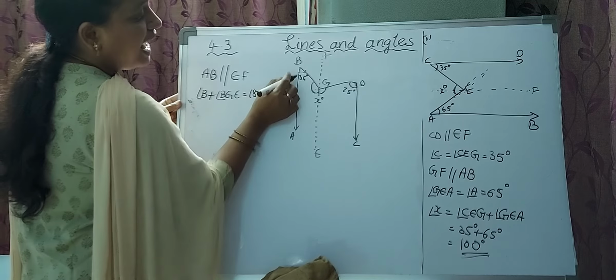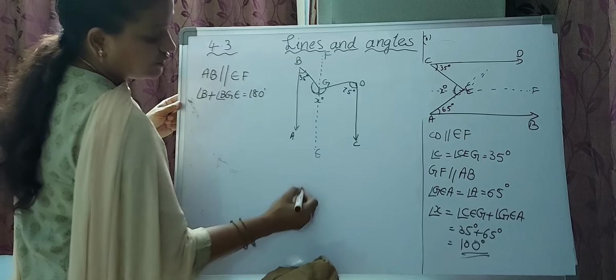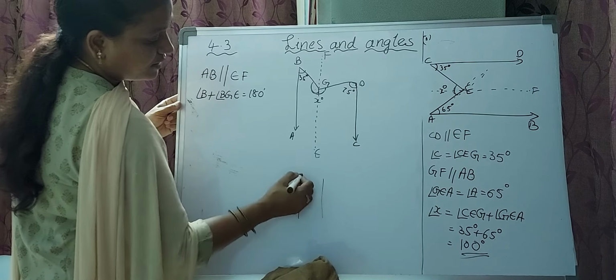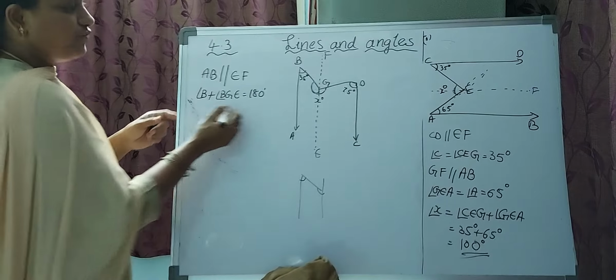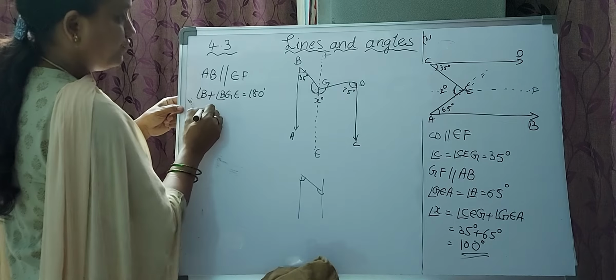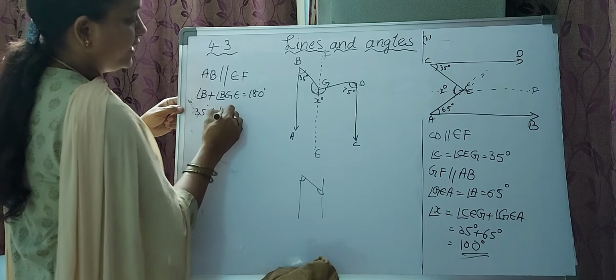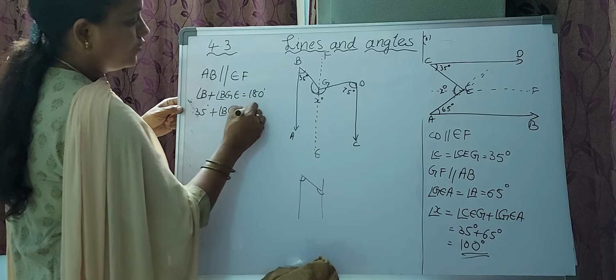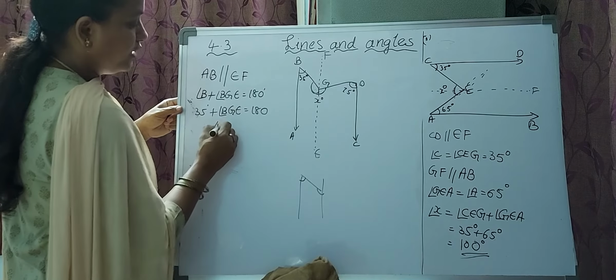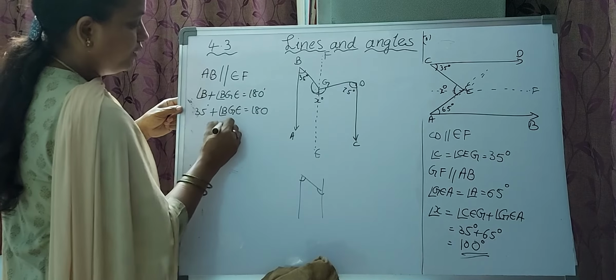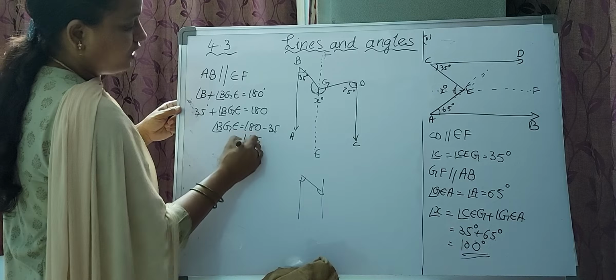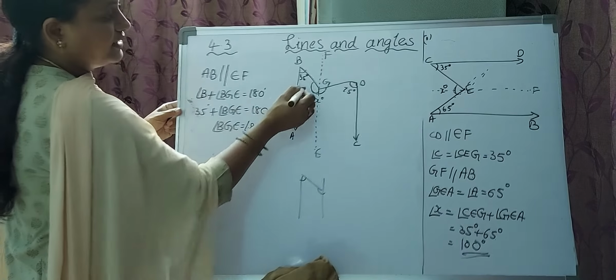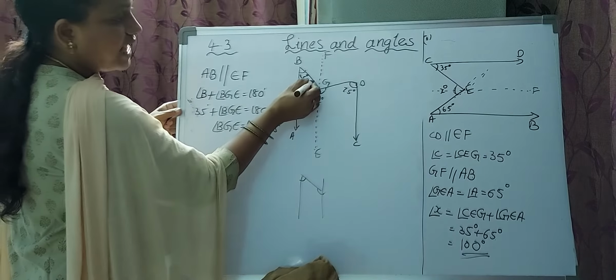Why? Because angles on the same side of the transversal are 180. So this one is 35, and angle BGE is equal to 180 minus 35. We'll get 10 minus 5 is 5, 7 minus 3 is 4, 1, 145 degrees. This angle, only this one, 145 degrees.